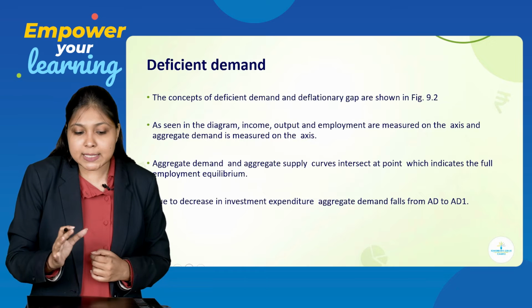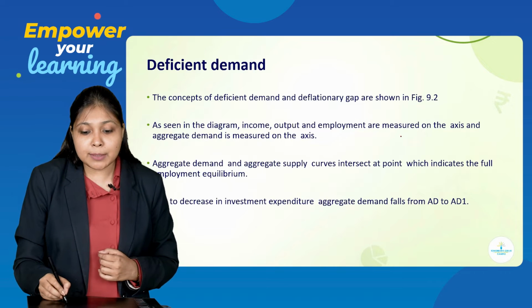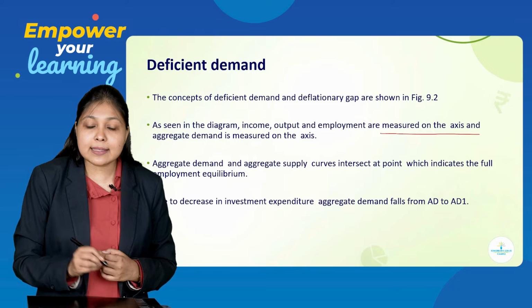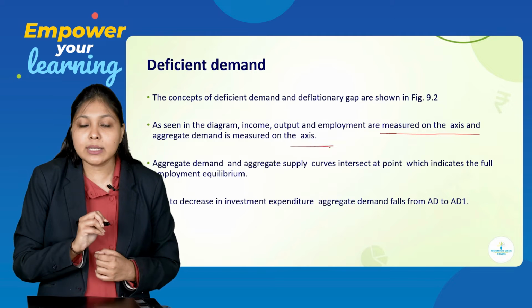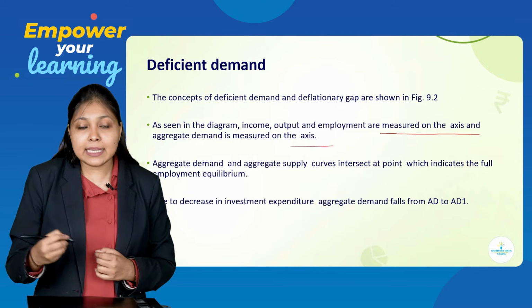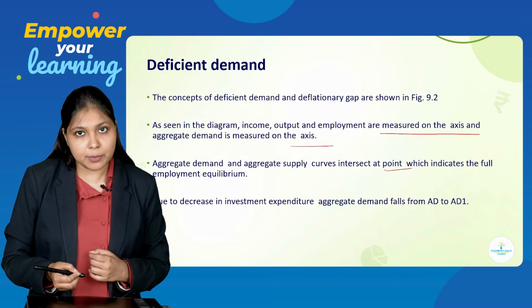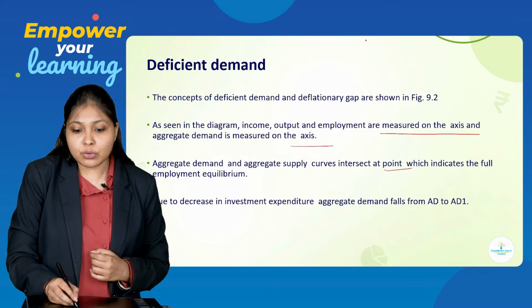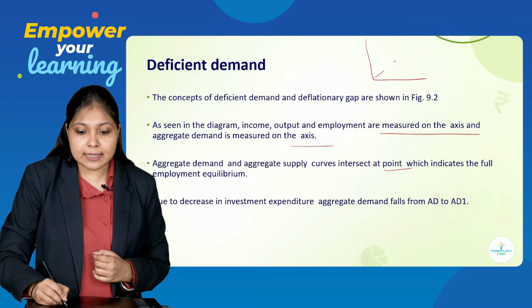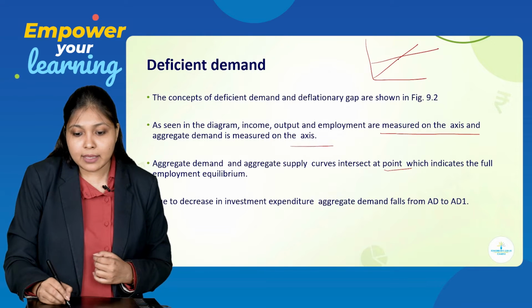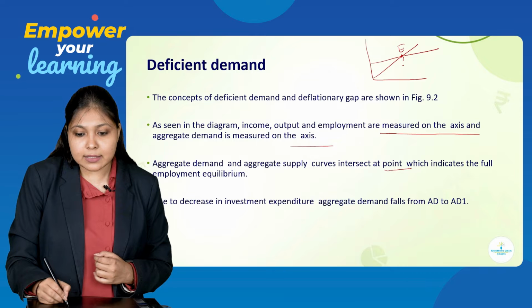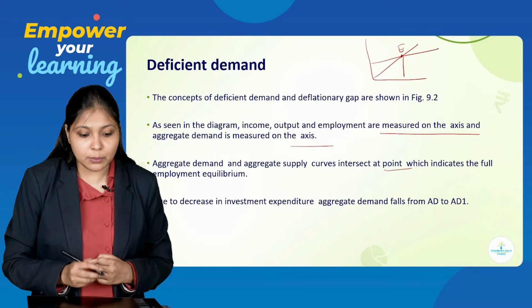Now the diagrammatic explanation. Income, output, employment are measured on the x-axis. Aggregate demand is measured on the y-axis. The AD and AS curves intersect at a point which indicates the full employment equilibrium. So this was my original AS and my original AD. Point E is nothing but my full employment equilibrium.